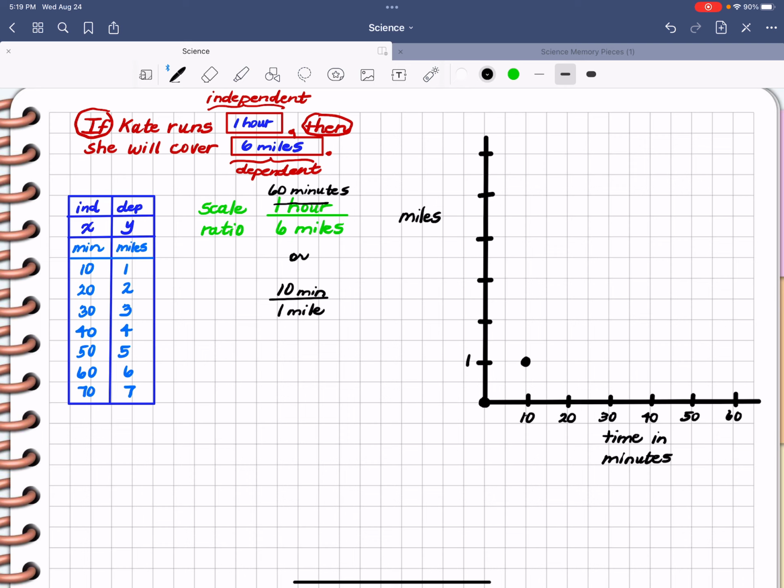So technically, this graph is starting at origin. 20 minutes, 2 miles. 30 minutes, 3, 4, 5. I do like to go to 6 on this one because that's that hour that we started with, and that should be the 6 miles because they told us that to get 6 miles, she's going to have to run for an hour.